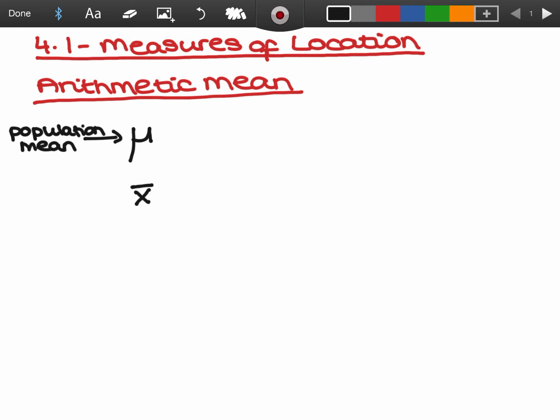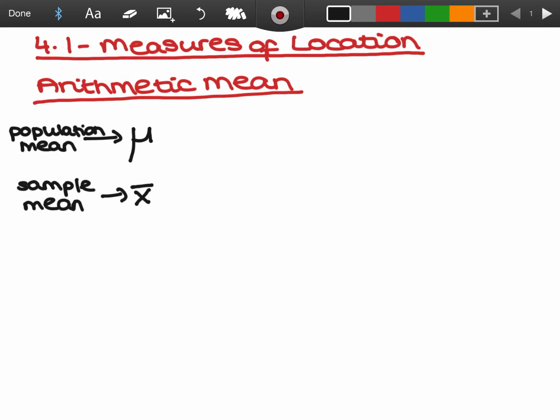But if we're looking at a sample mean, so we've taken a sample of my population and I've just taken the mean from each one of my samples, okay, so I've taken the data from each one of my samples and taken the mean of those, that is a sample mean, and I'm going to denote that by x bar. So depending on what you're looking at, whether it be a population or a sample, depends on which one you are going to use in your notation for this, okay?